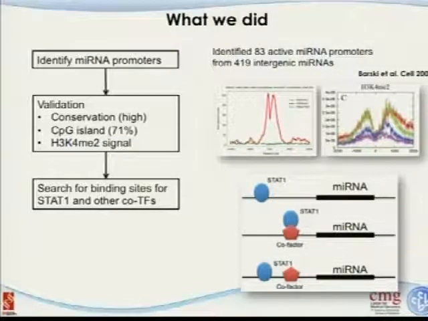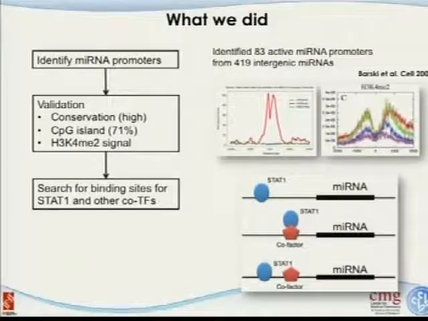STAT1 binding sites have 3 different potential models. The first one is STAT1 binds in the promoter and does the regulation. The second one is STAT1 actually sitting on top of another factor. And the third one is doing it like this. We want to see from our data which model really works.